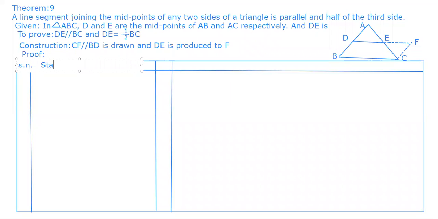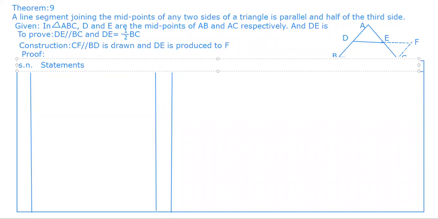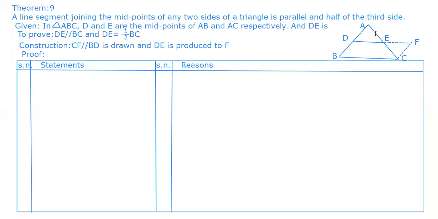On this side we write statements, and this side we write reasons. Here ABC is a triangle. D is the midpoint of AB. E is the midpoint of AC. Now in construction we construct CF parallel to BD, so AB is parallel to CF.